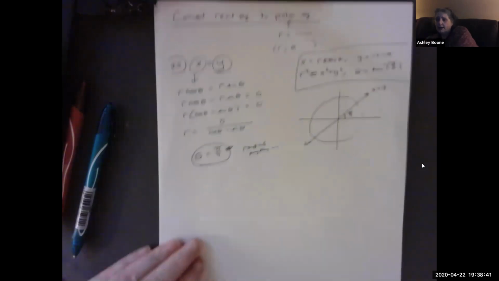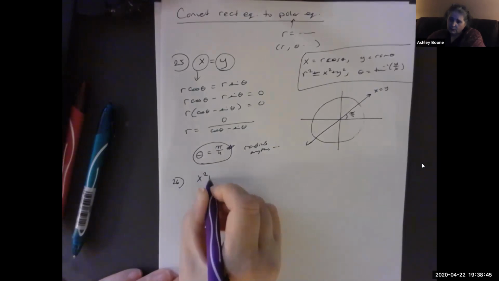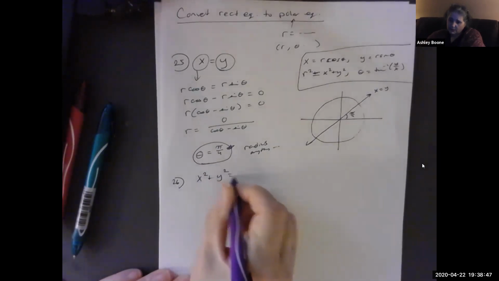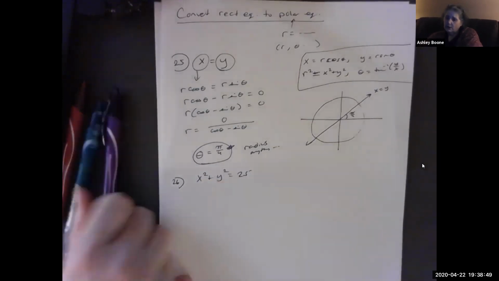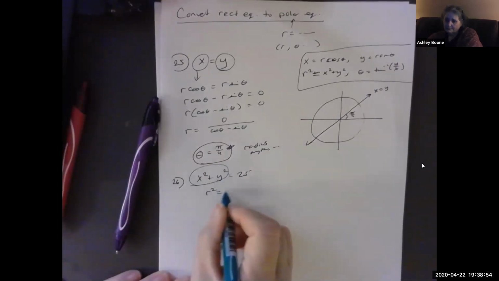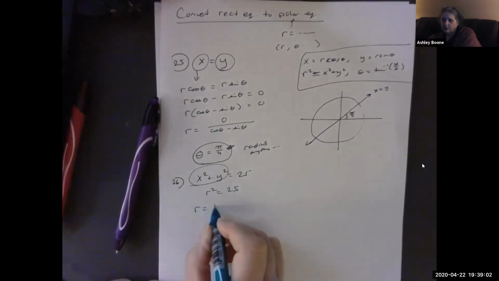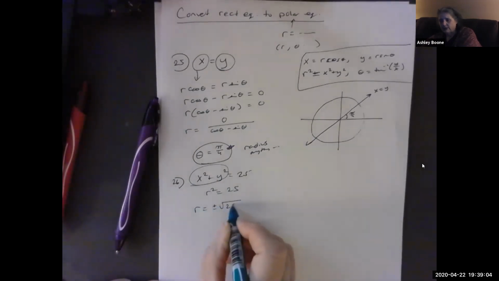Let's look at 26. 26, we have x squared plus y squared equals 25. Well, we know that x squared plus y squared is r squared. So r squared equals 25, which means r is equal to plus or minus square root of 25.